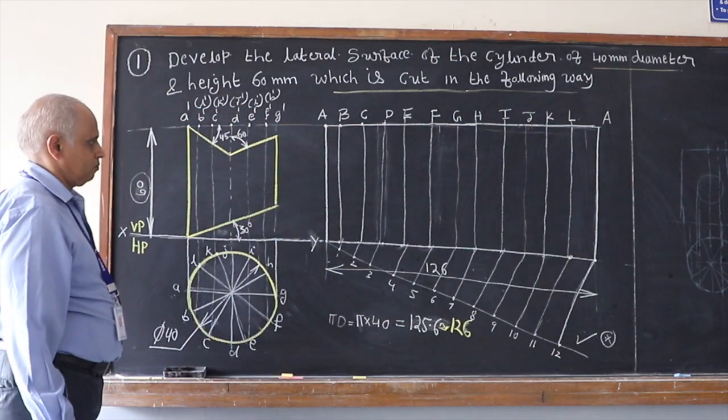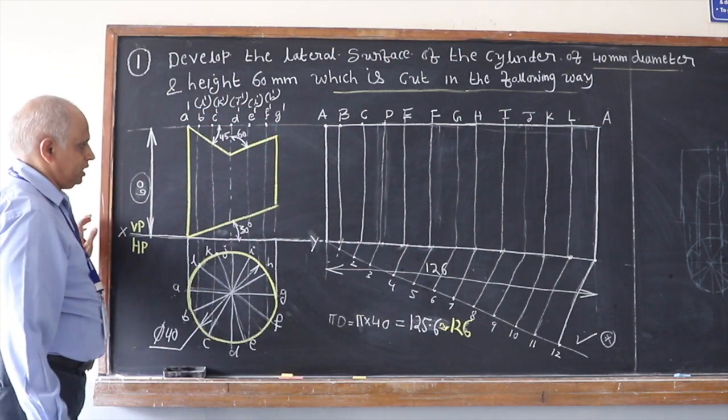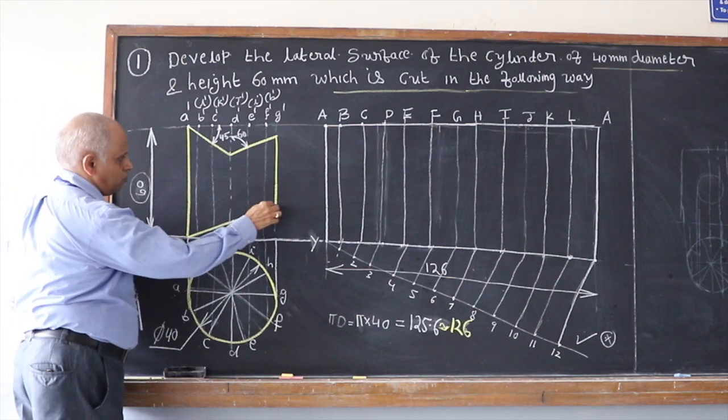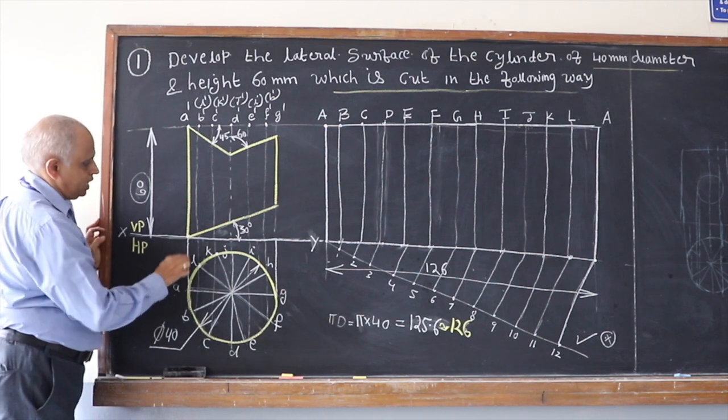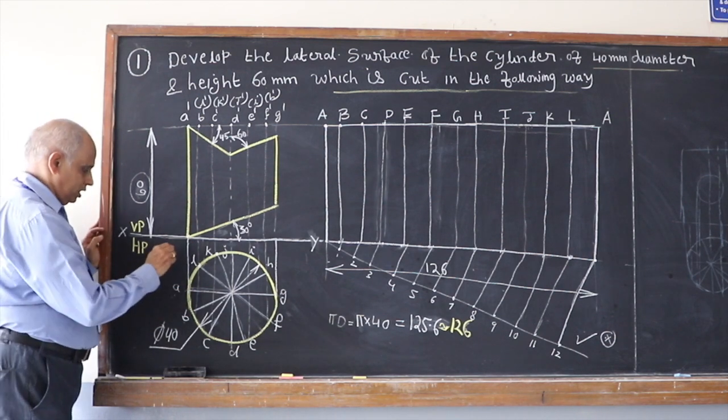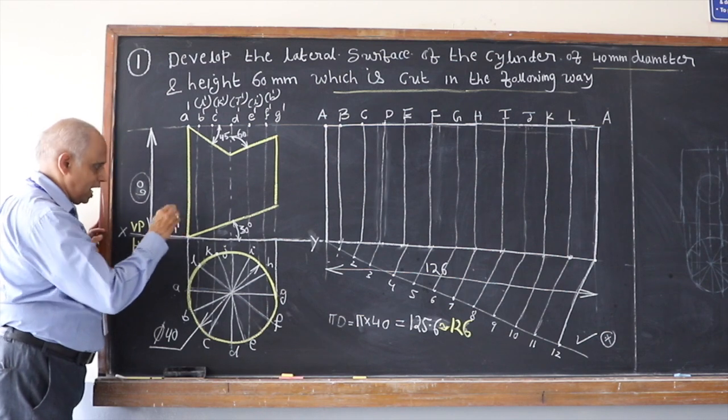Now, let us try to locate the section points of this bottom cutting plane. So this one is generator A dash, A1 dash. So it is cut here with section point 1 dash.